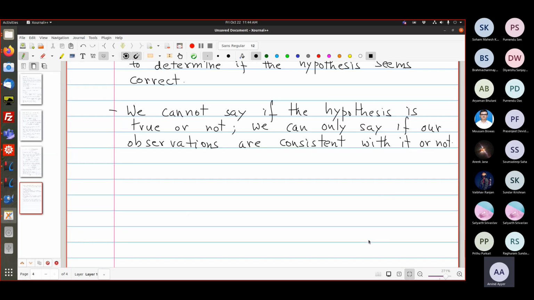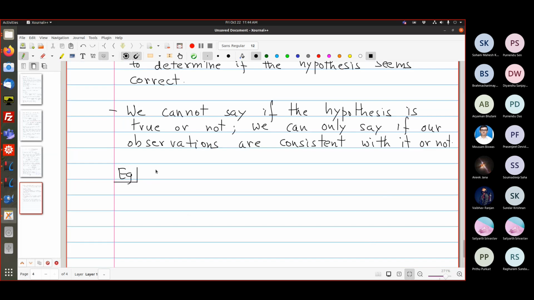So just to give you an example from the beginning of the course, you have a coin and your hypothesis you could say is that the coin is fair. This is our hypothesis.